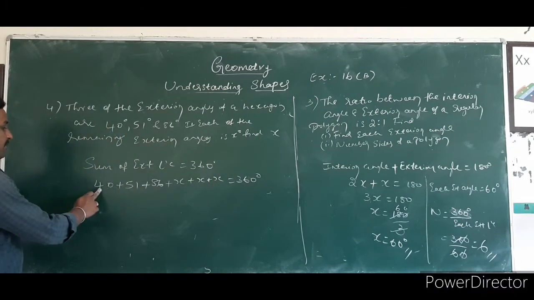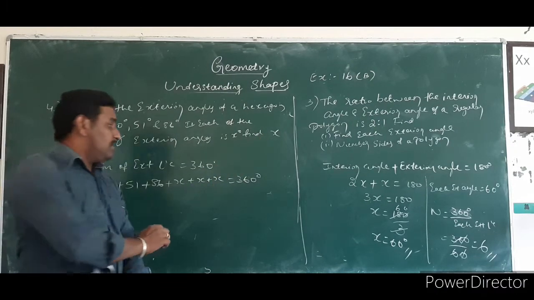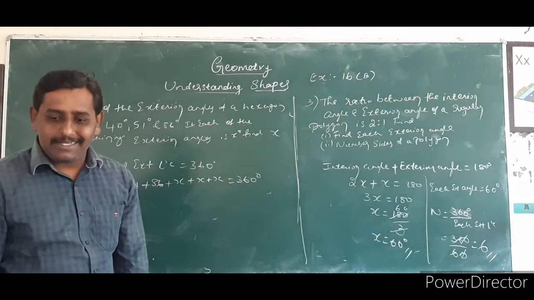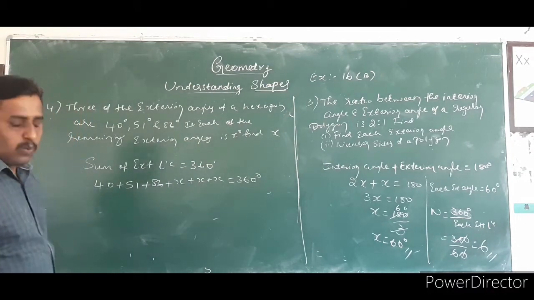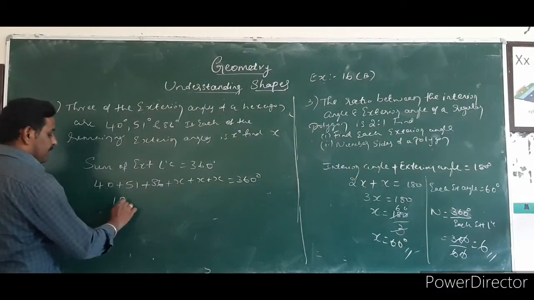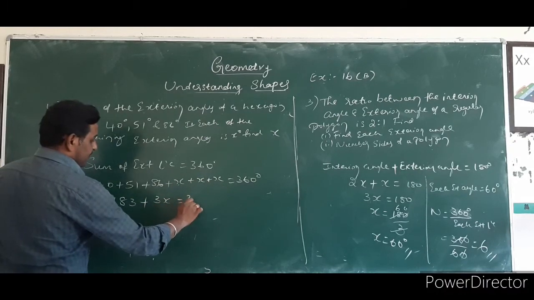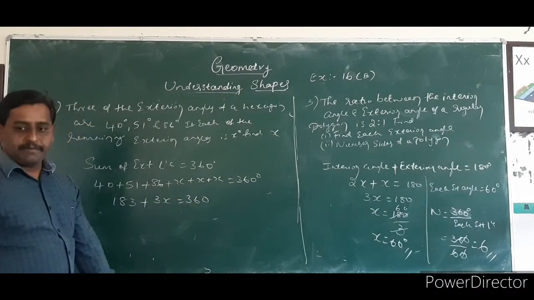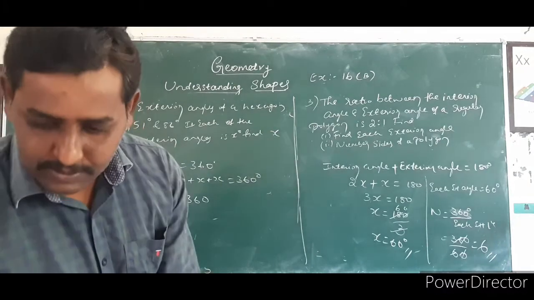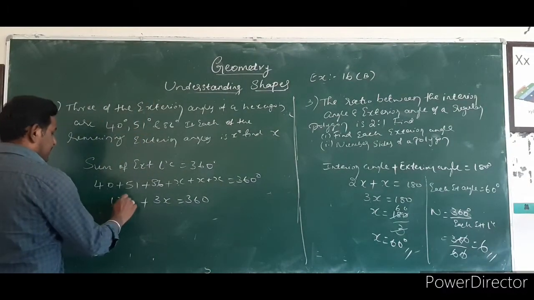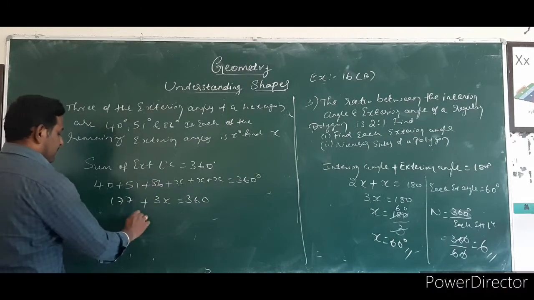So 40 plus 51 is 91. 91 plus 86, sorry, this is 177. If you add, you will get 177.